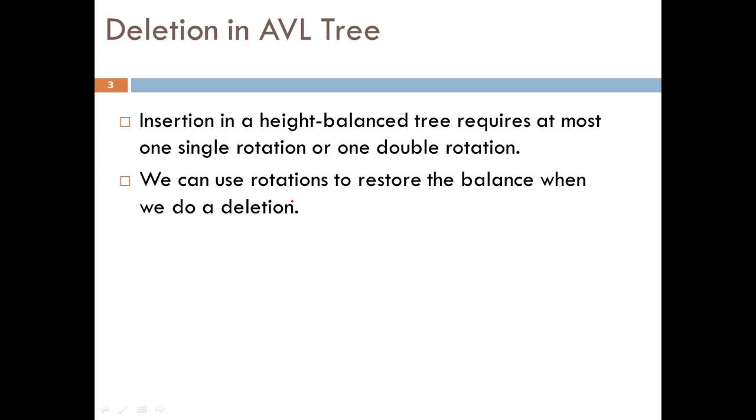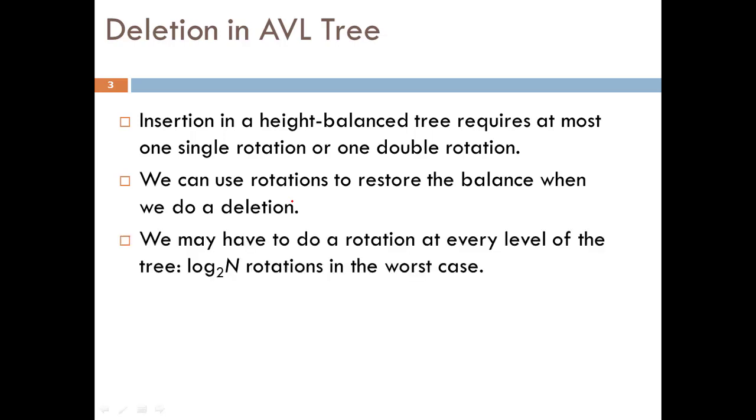We can use the rotations to restore the balance when we do a deletion. For example, a node is deleted, and we can perform the rotation to rebalance the tree if necessary. But sometimes, as I discussed, the deletion of one node can result in performing multiple rotations in order to make the tree balanced.